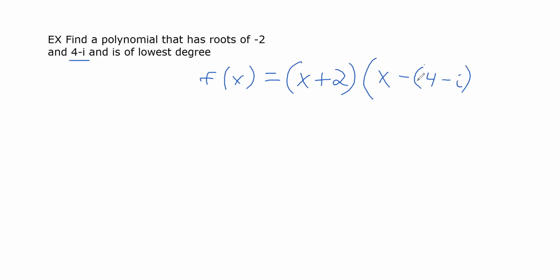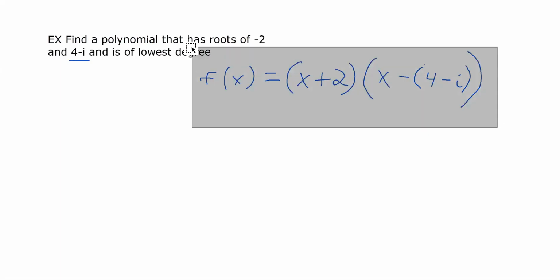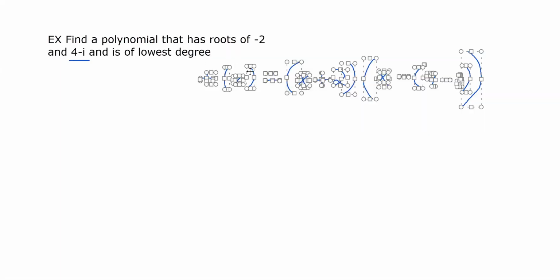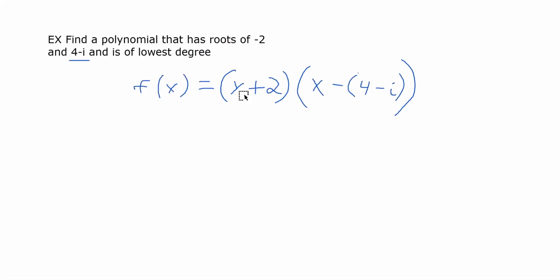Now, it's not explicitly told to you, but this is not done. The conjugate roots theorem automatically forces 4 plus i, the conjugate of this, to also be a root, whether you like it or not.